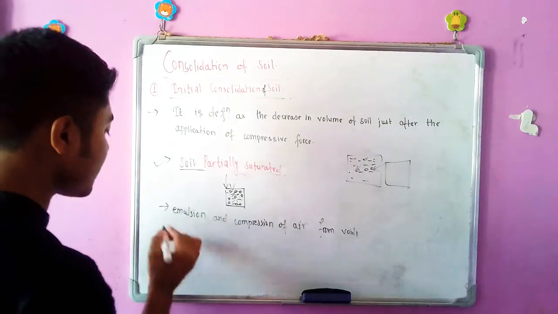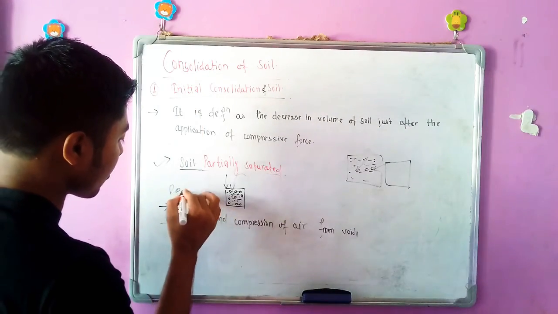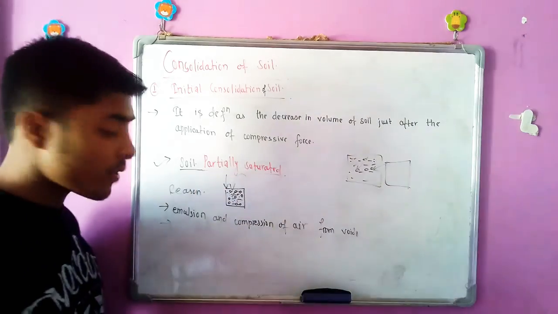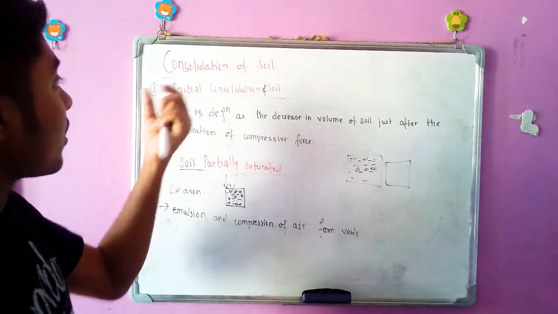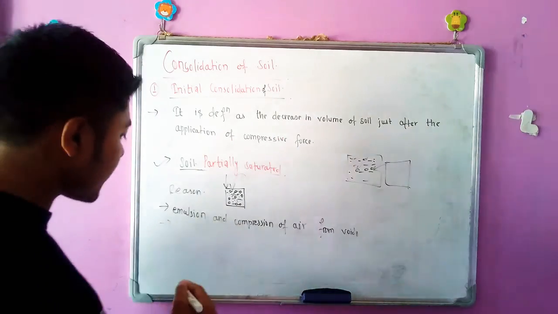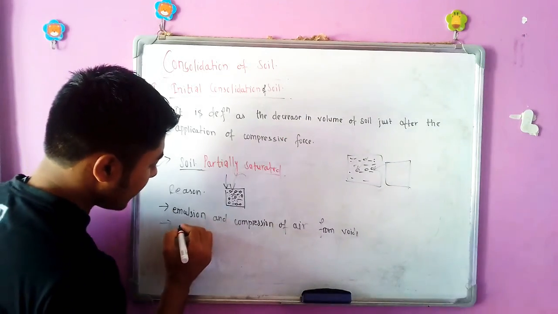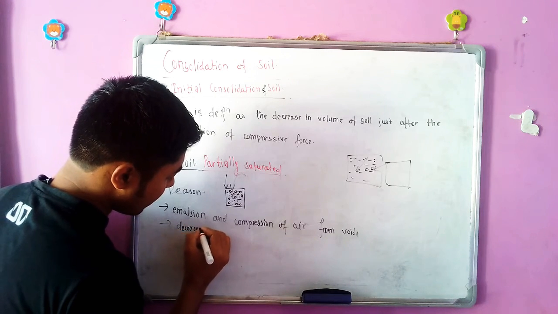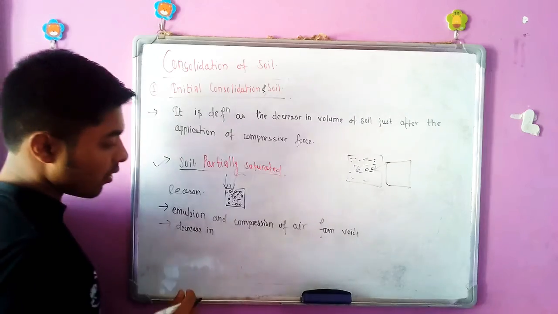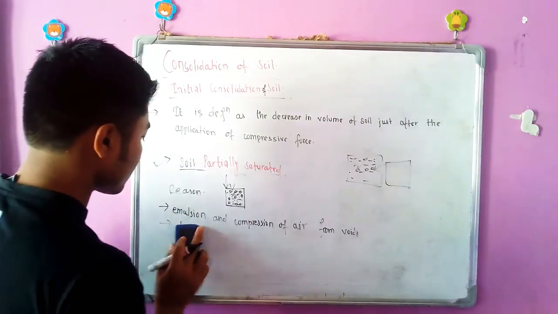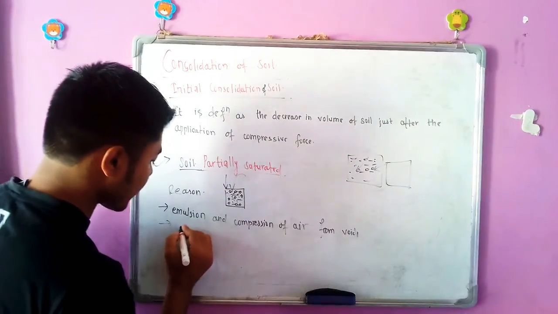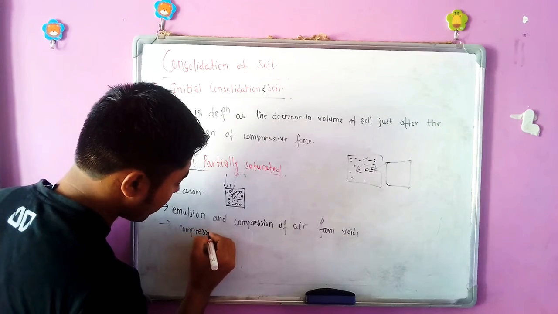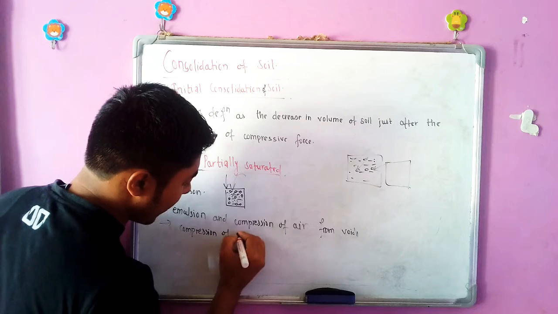This is the reason or cause of decrease in volume. And the next reason for consolidation of a soil is compression of solid particles. It will be appropriate to use compression instead of decrease.